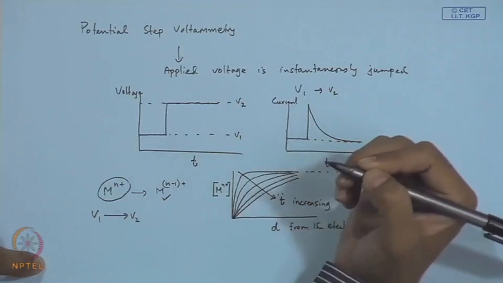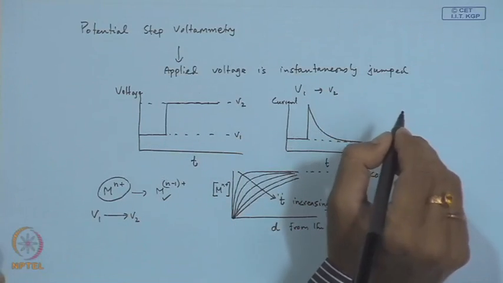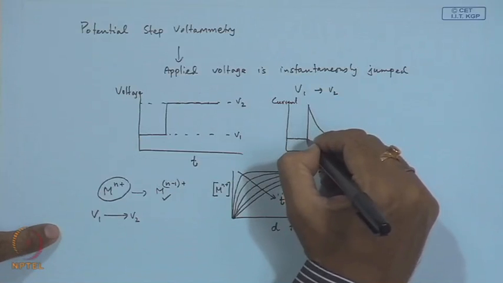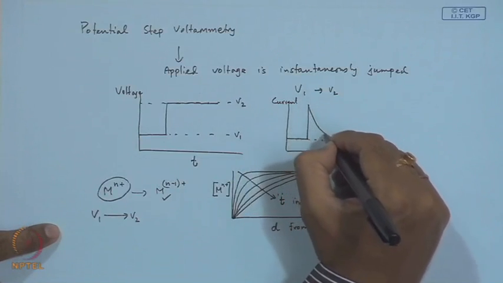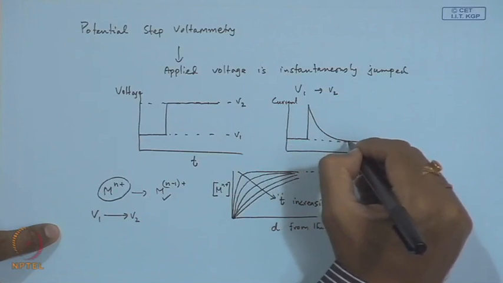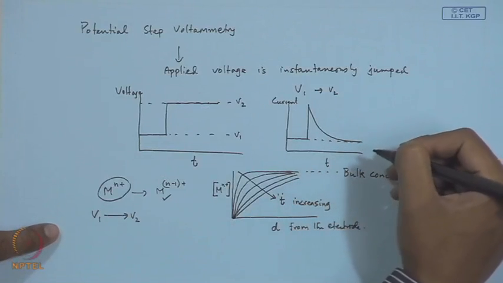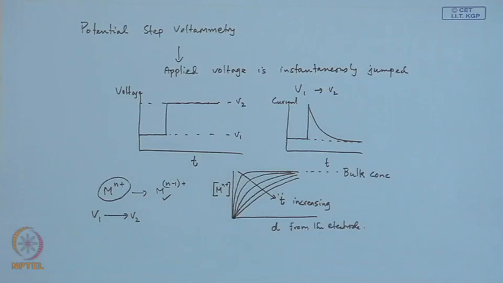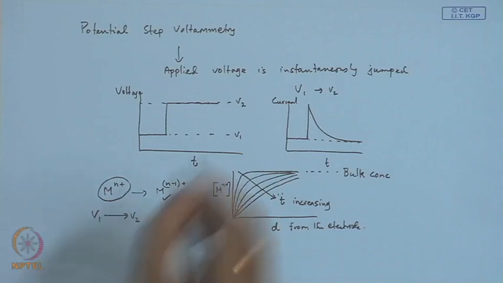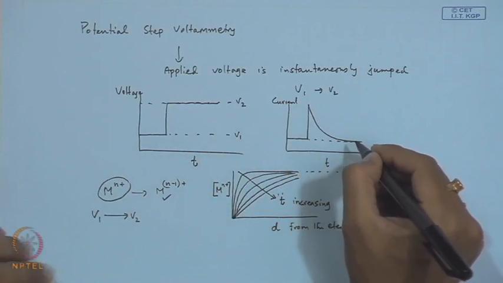Those ions which are very close to the electrode are affected. That is why there is a huge change in current, and then slowly it decays to your starting value. Okay, the current rises instantaneously after the change in voltage and then begins to drop as a function of time.